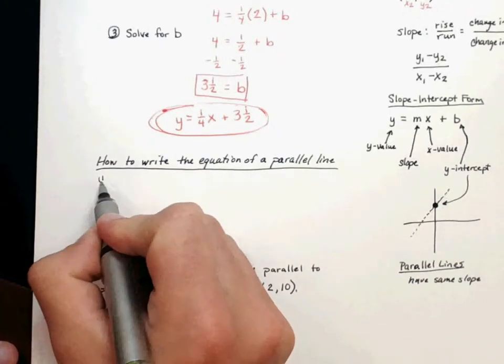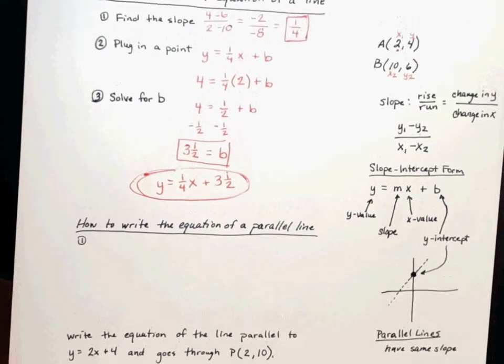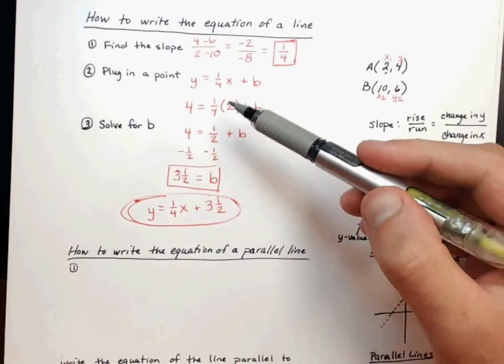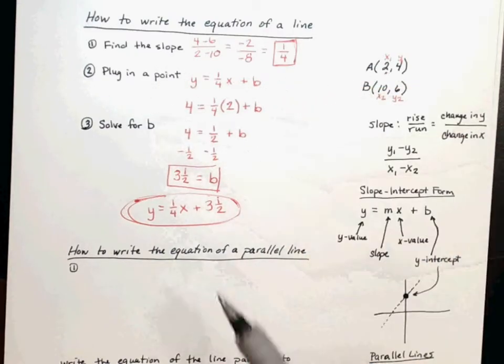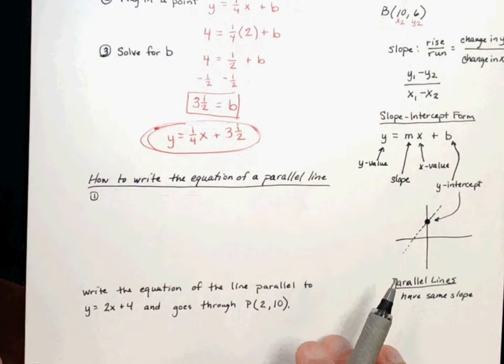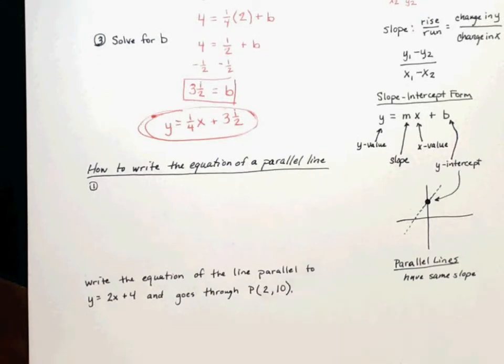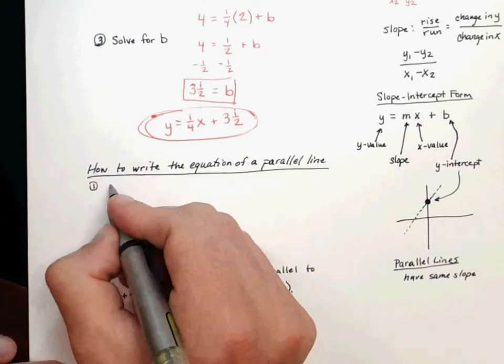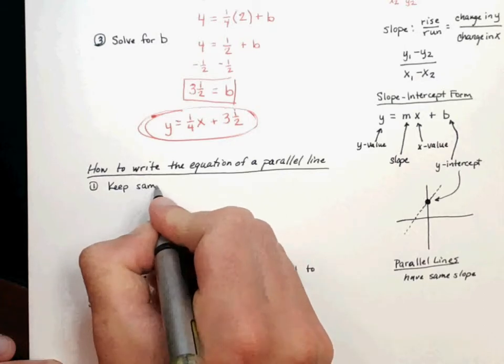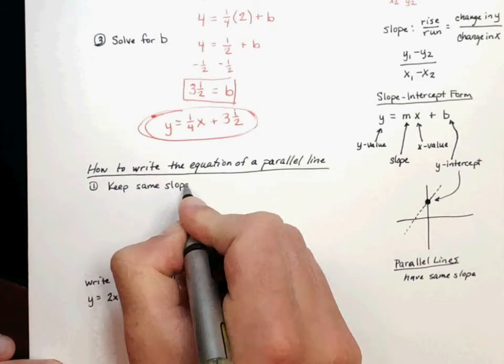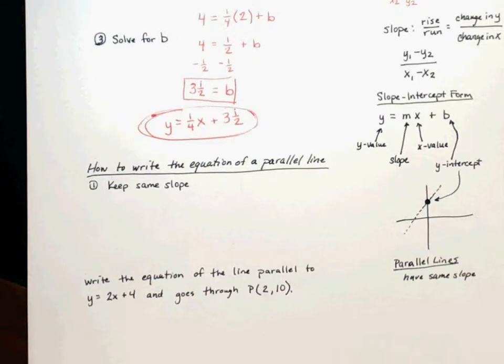So the first thing we're going to do, it's going to look a lot like these instructions. Okay? Just one little difference at the beginning. The first thing we're going to do is keep the same slope. All right? The reason we keep the same slope is because parallel lines have the same slopes.